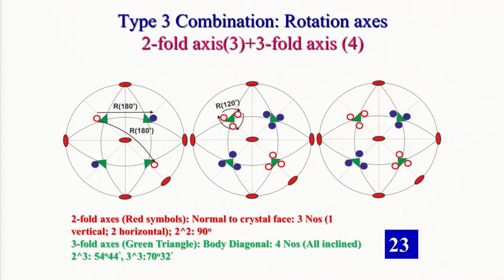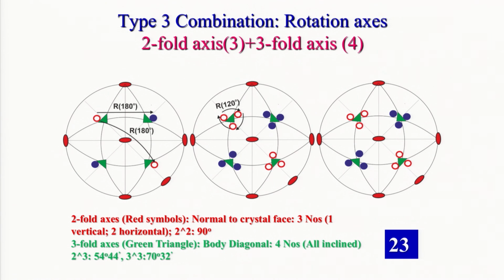Then we have studied combinations of symmetry operations. The first type of combination is where we combined a vertical axis of rotation with vertical or parallel mirror planes. Under this we studied 2 mm, 3 mm, 4 mm and 6 mm.